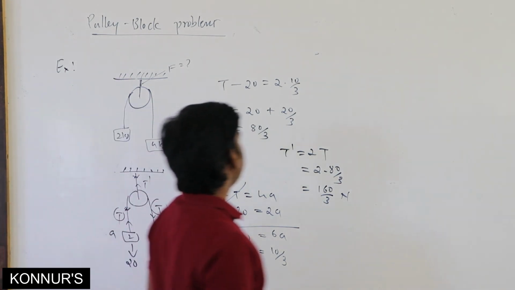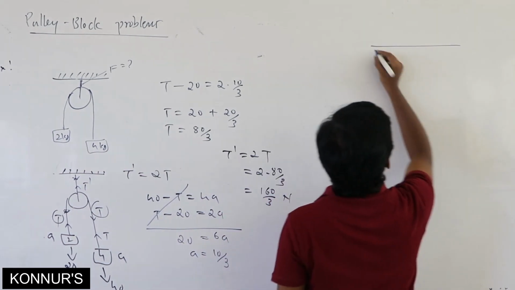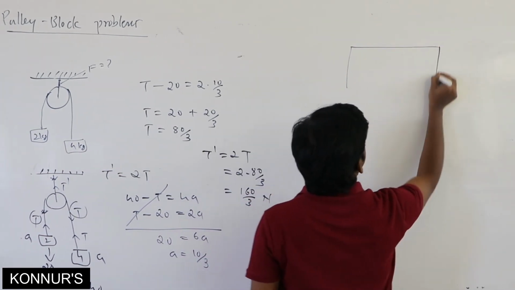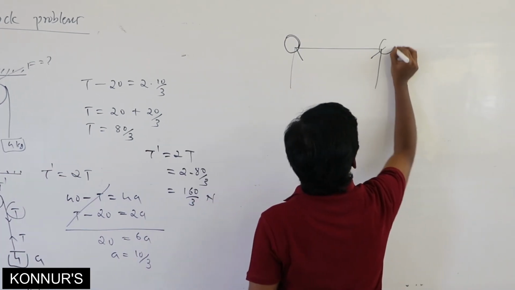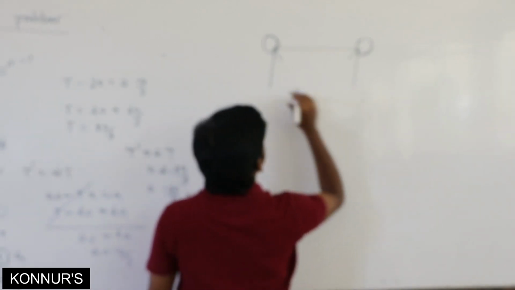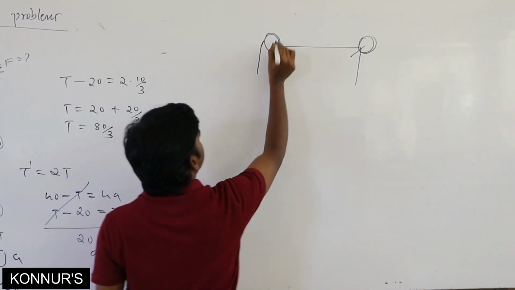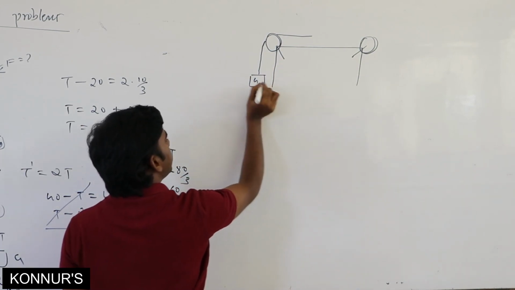Okay. Similarly, if I take two bodies which are hanging on a table, this is one pulley. Here another pulley is going to be there. So here I will connect a mass, say 4 kg.